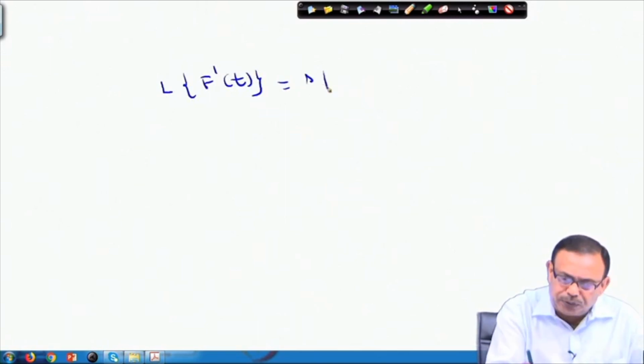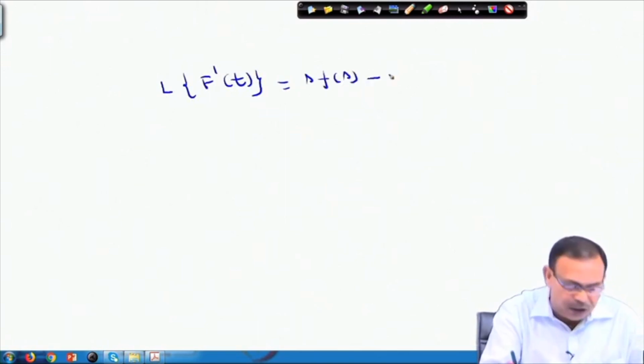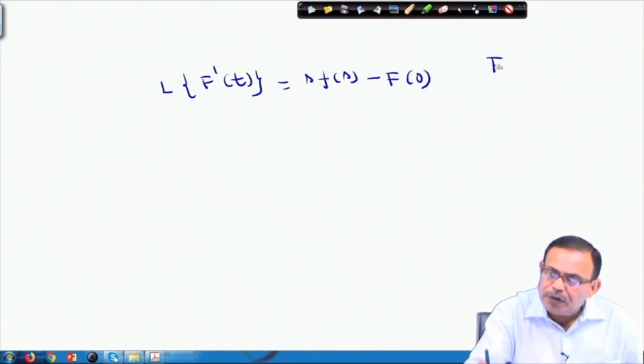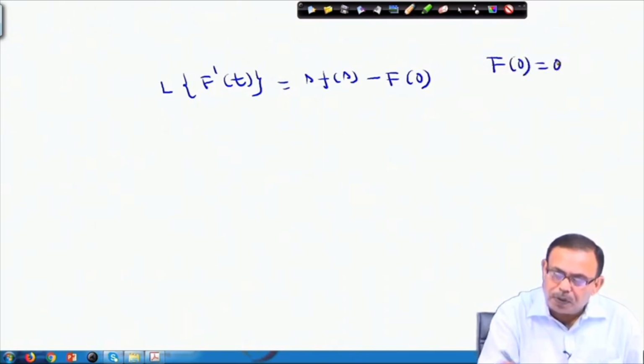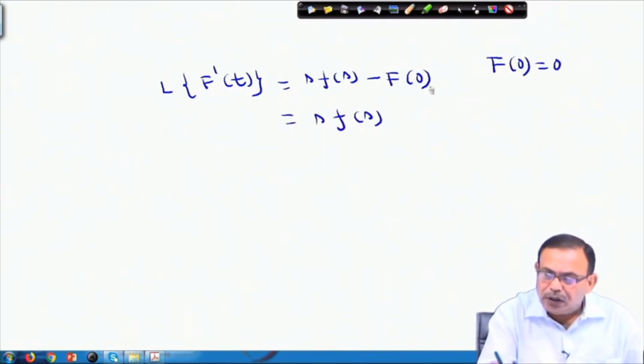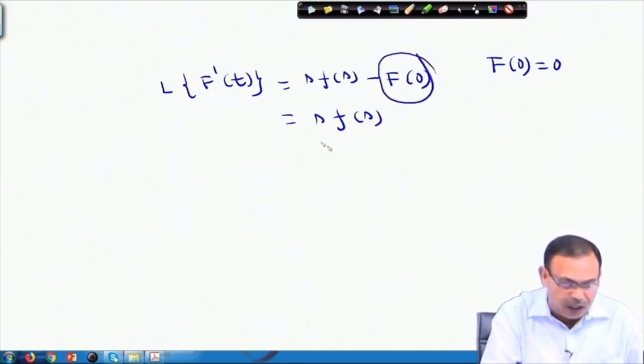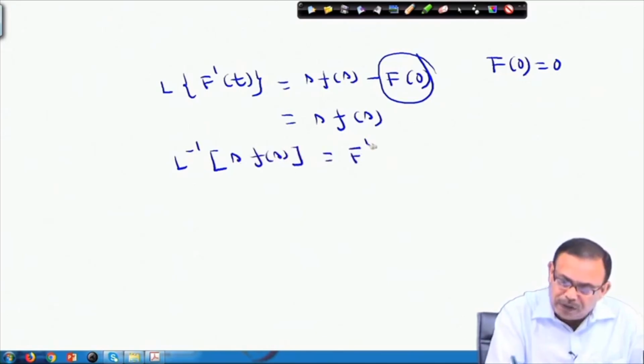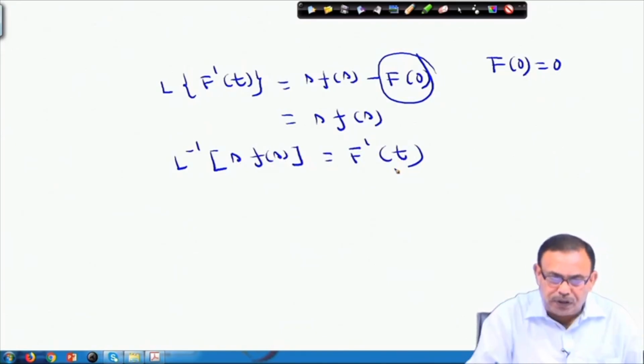The Laplace transform of f'(t) is s F(s) minus f(0), and it is given that f(0) equals 0, so this part is 0 and it becomes s F(s). So the Laplace inverse of s F(s) equals f'(t). This completes the proof of this particular theorem.